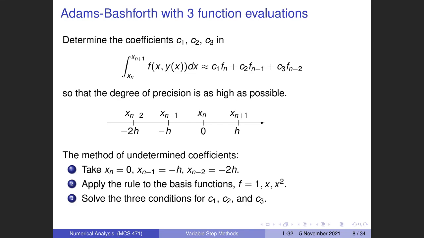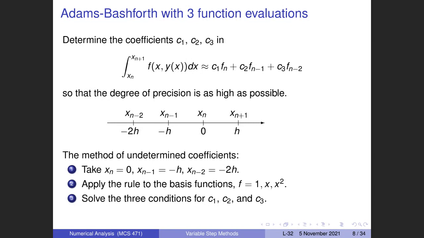How do we now construct more accurate Adams-Bashforth rules that use more function evaluations? So with 3 function evaluations, we are using not only the current function evaluation, but also the 2 previous ones. So how do we obtain the coefficients then?